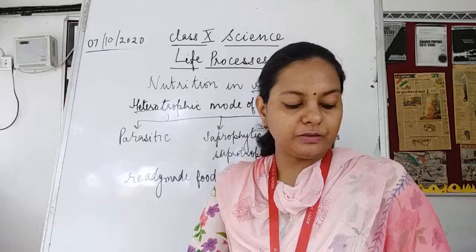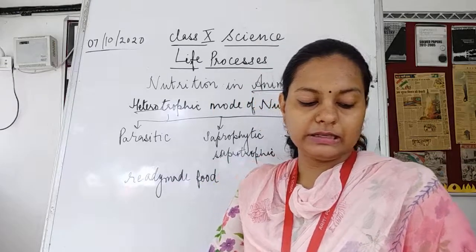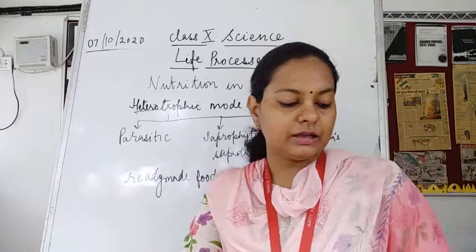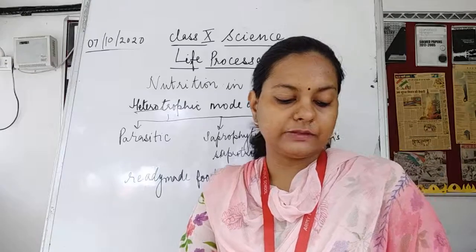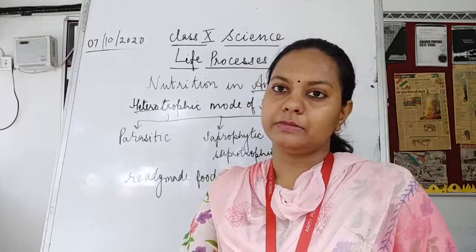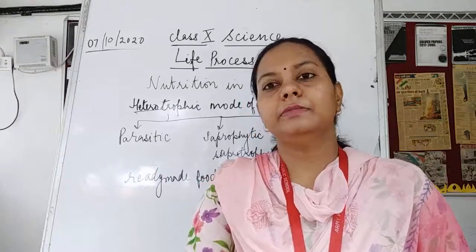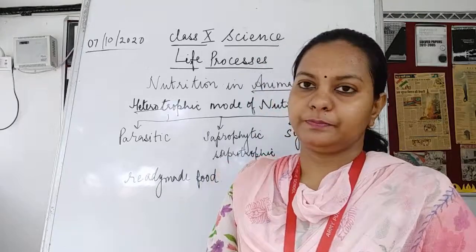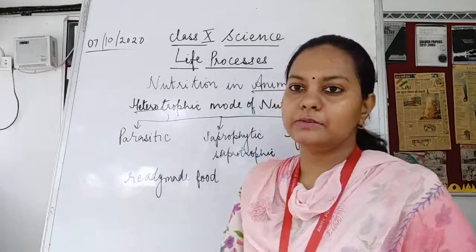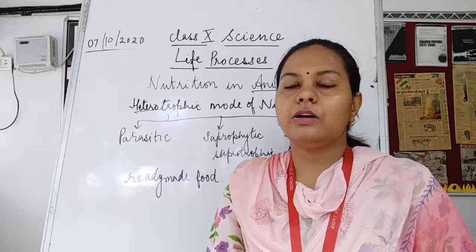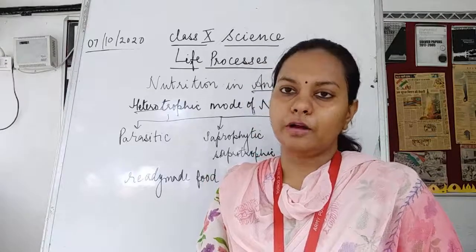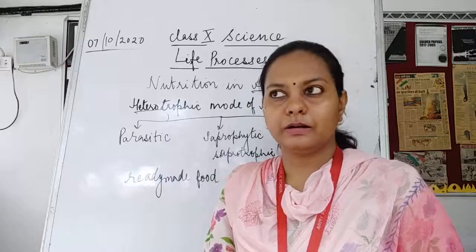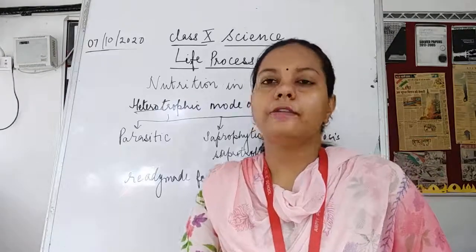Some people also eat meat, chicken, and fish as food. So these foods are also obtained from animals. So we can say that human beings are also considered to be animals, and they also obtain their nutrition from the animal products or from the plant products.